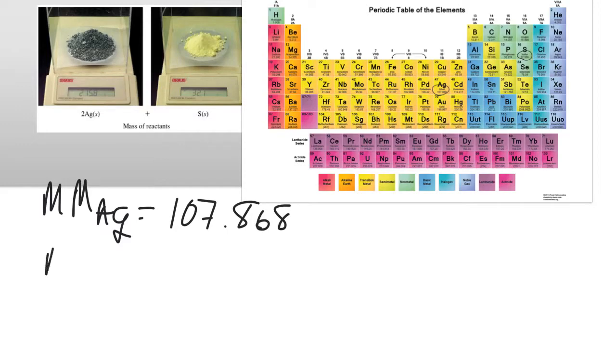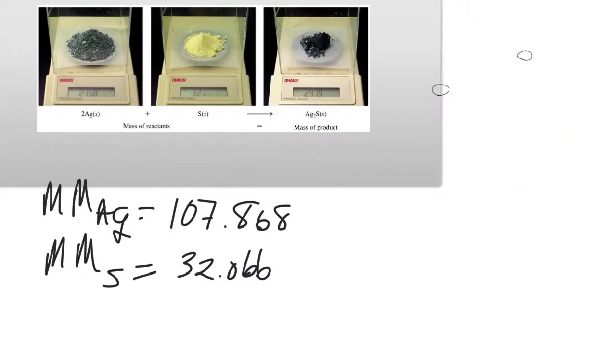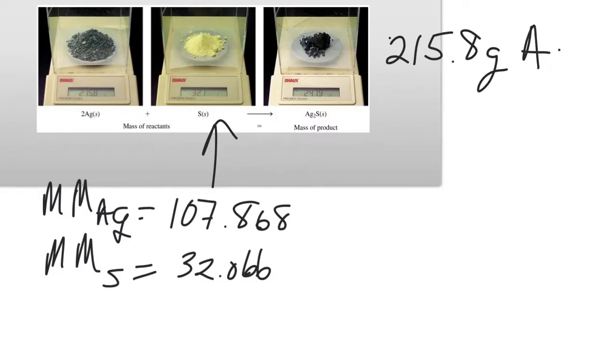So if we assume that the equation appears balanced, then what we need to do is, if we have 215.8 grams of silver, we need to convert that into moles. So that's our mass of silver.